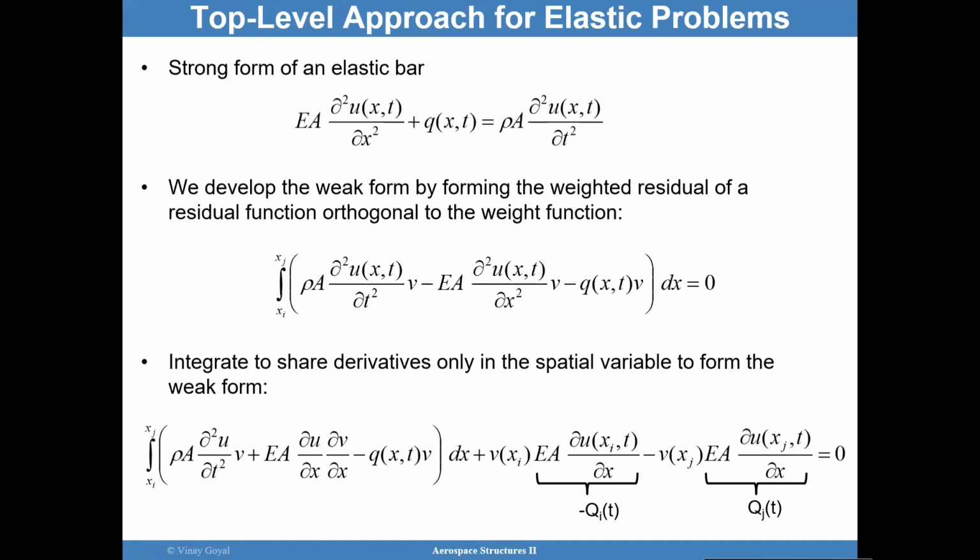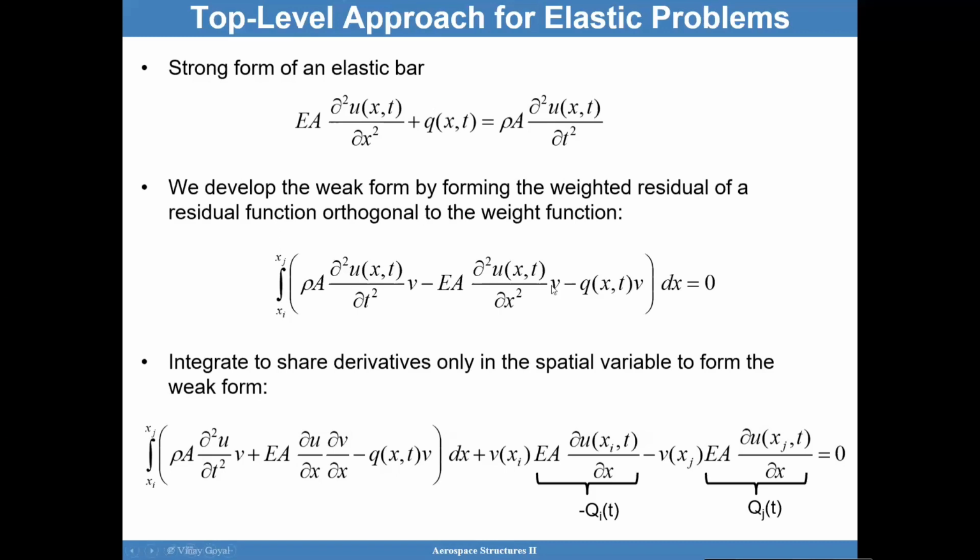But for now, the approach that's typically used is to put everything on the left-hand side, multiply by a weight function v, and integrate it over the domain. What this allows me to do is to take this error, if I move everything to the left-hand side, and approximate u over a domain, an easy-to-solve domain.